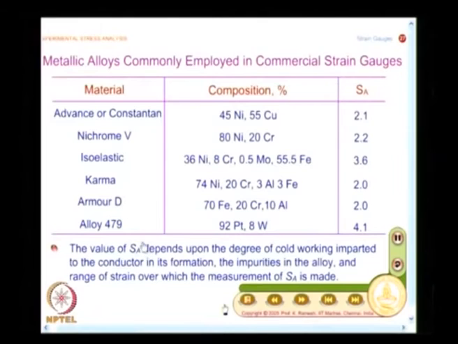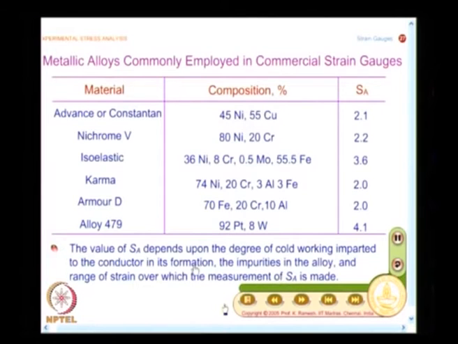When you look at the strain sensitivity of the conductor, it depends upon the degree of cold working imparted to the conductor in its formation, the impurities in the alloy, and the range of strain over which the measurement of SA is to be made.